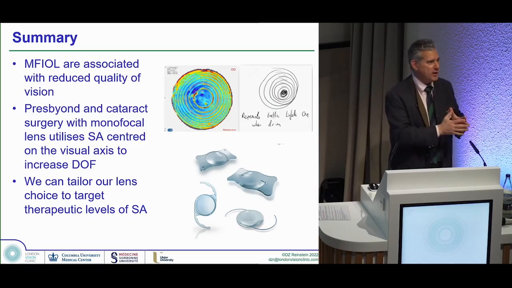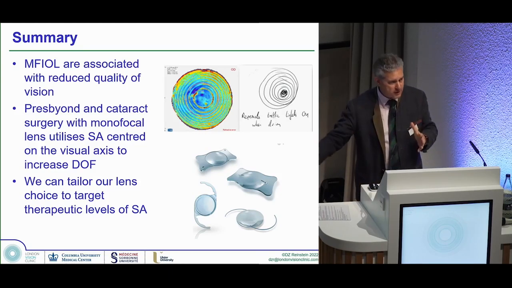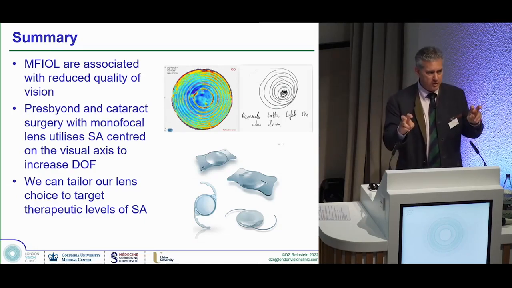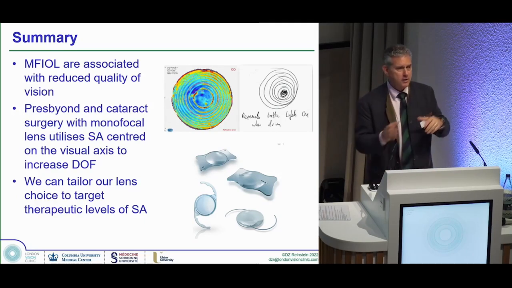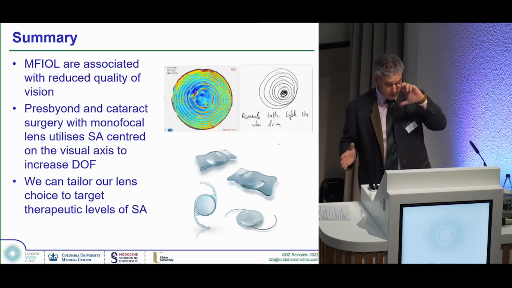We know that the cornea will change in a third of patients by a diopter of SEQ in 5 years. So permanent vision correction is not lens surgery. You'll still have to adjust on the cornea if they want to maintain that vision over time.